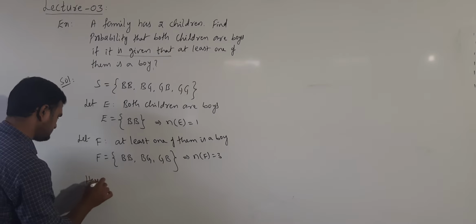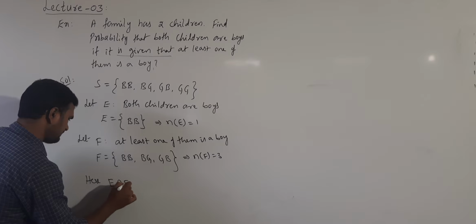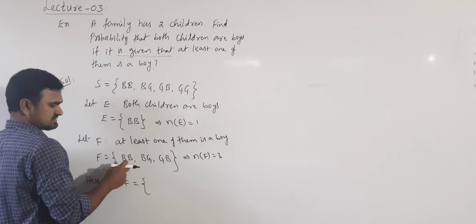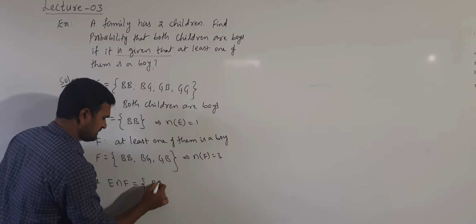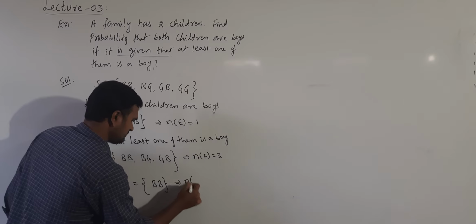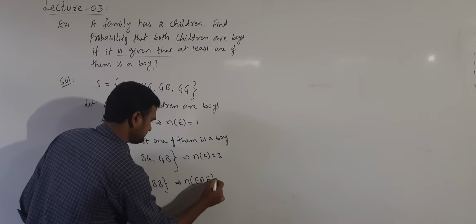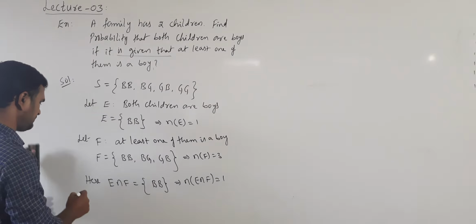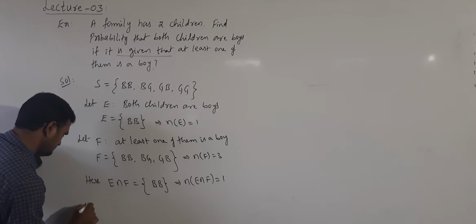Now for finding the conditional probability, we need the intersection of E and F. What is the intersection? The common elements, only one common element. So n of E intersection F is 1. Now that we know the elements, we can write the probabilities.